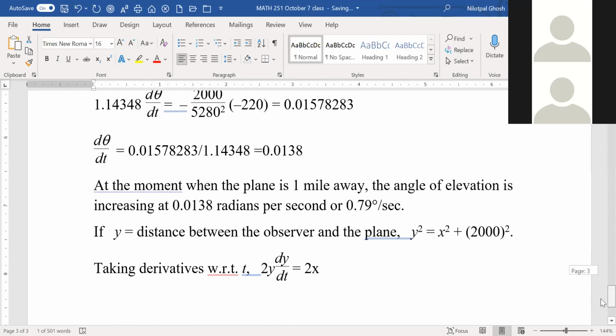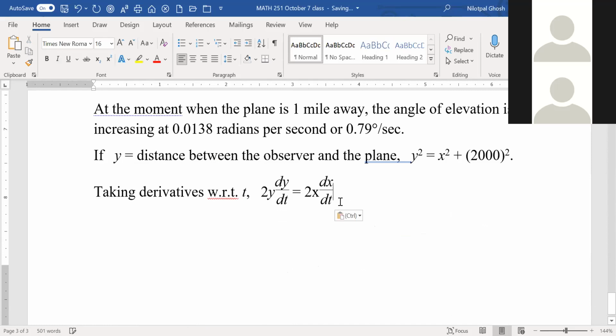So 2x times dx/dt. So we have this relationship. Now, if I know x, I know y, I know dx/dt, I will get dy/dt. If you divide by 2y, you get dy/dt equals x over y times dx/dt.